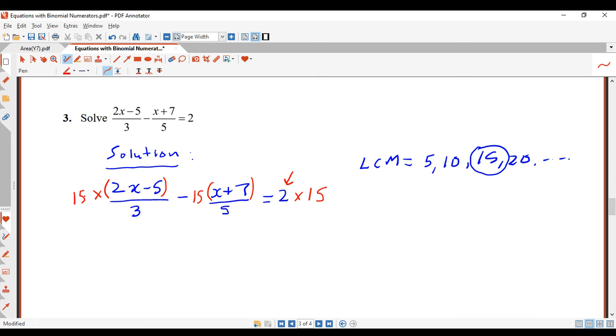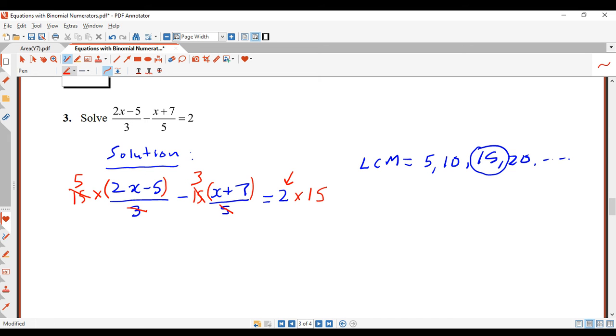The 15 should be in line with the numerator. Don't put that 15 in line with the denominator because you have to divide them. So we're going to go 15 divided by 3 is 5, and 15 divided by 5 is 3.